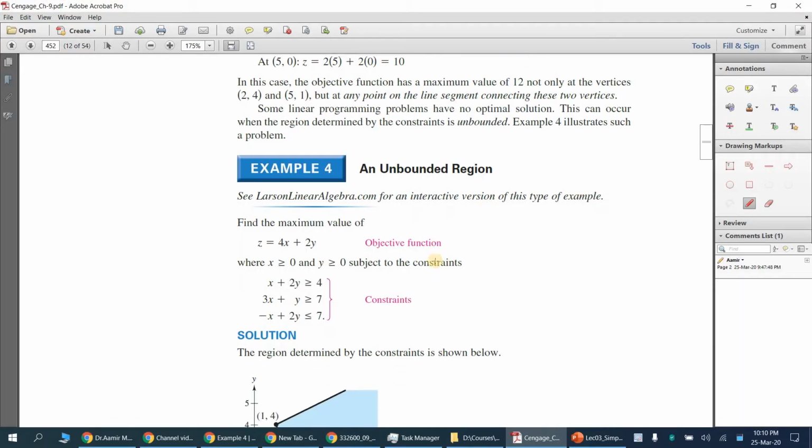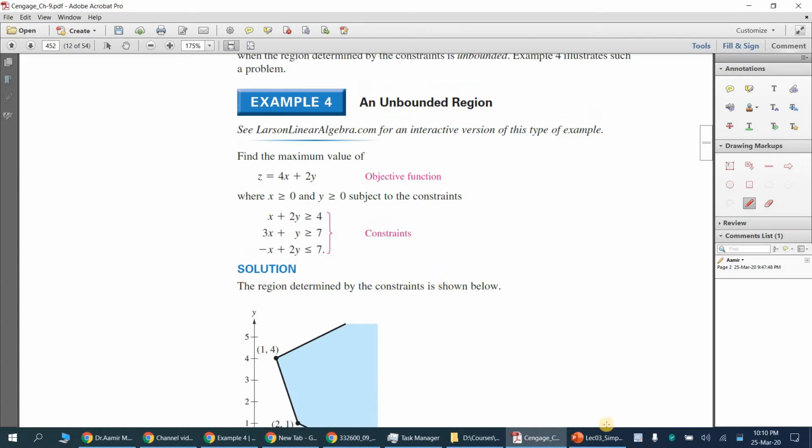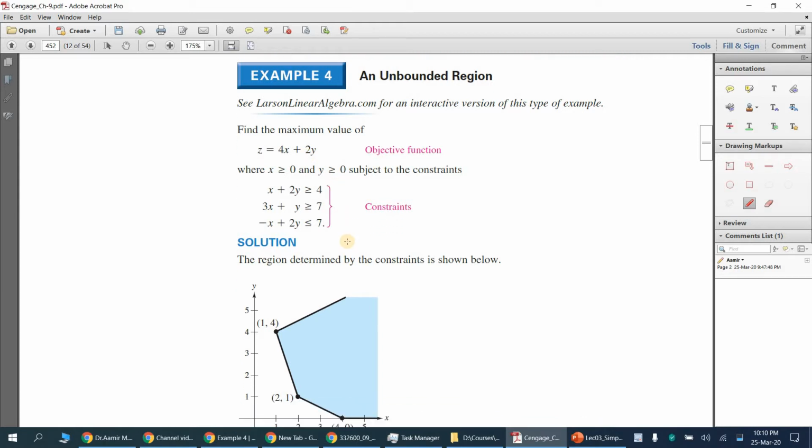When it opens, it will show you a small interface where you can play with the numbers and see what changes occur for that problem. So example number 4 is about an unbounded problem where you have an objective function and then a set of constraints as always.